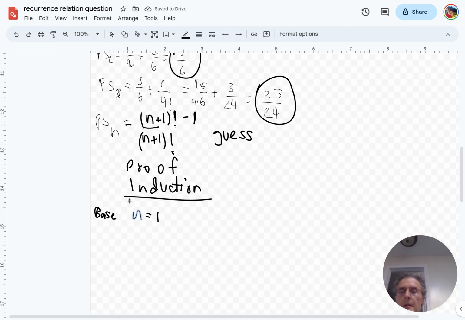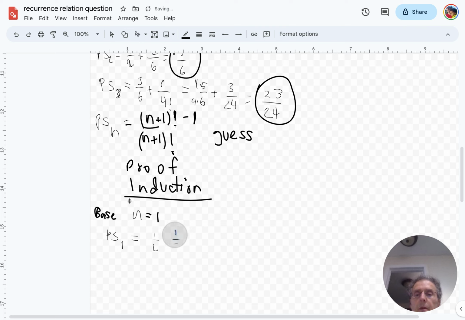So I'll just put this n back. Am I in the right thickness? Still looks terrible. Alright, so base case. We say partial sum 1, and we look and see, is it true that we know that the partial sum at 1 is 1/2, because that's 1 over 2 factorial.